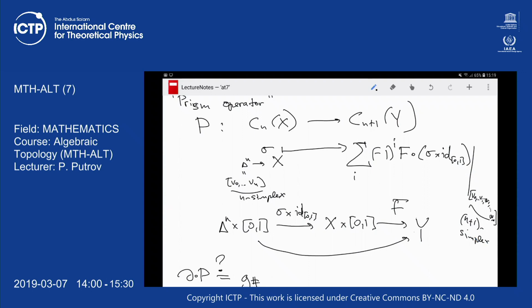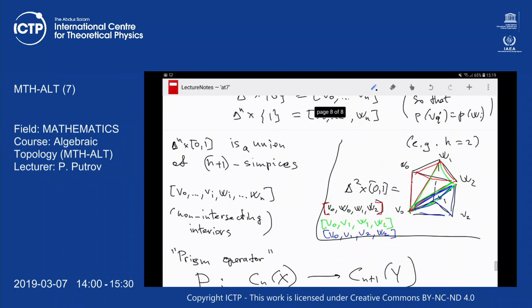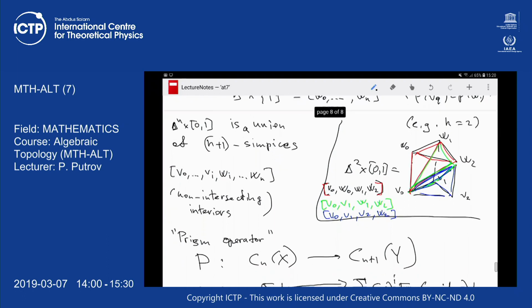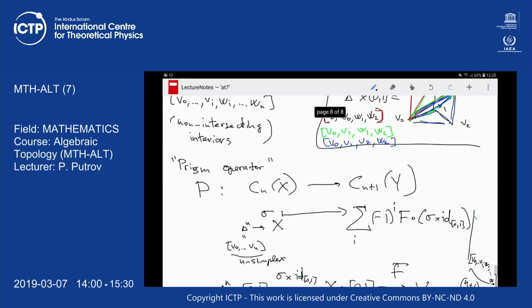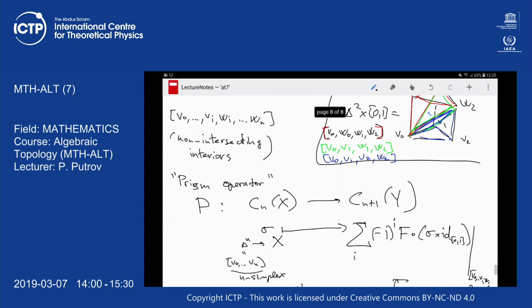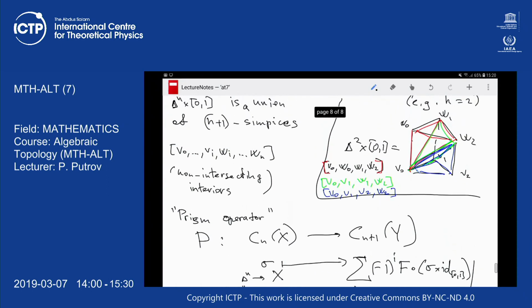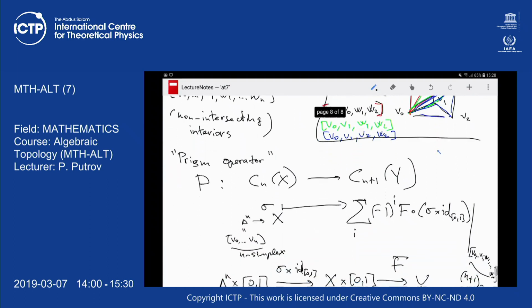For example, here we started with a 2 simplex, which was a triangle, and then we considered the product and split it into 3 simplices. And here we end up with a linear combination of maps from these 3 simplices. So we started with a 2 simplex and ended up with maps from 3 simplices.